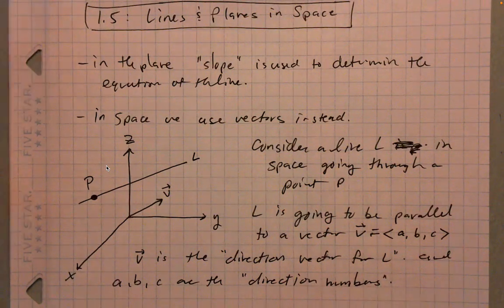So much of math is just giving names to things and stating how things relate to one another. So we need these names: direction vector, direction numbers.